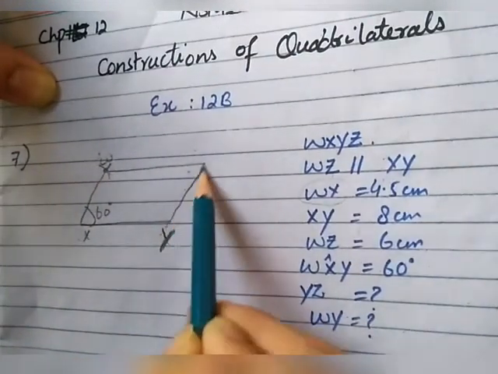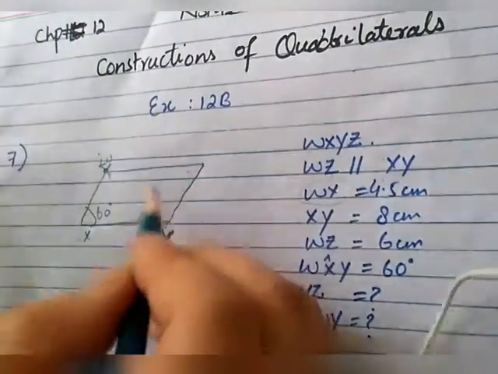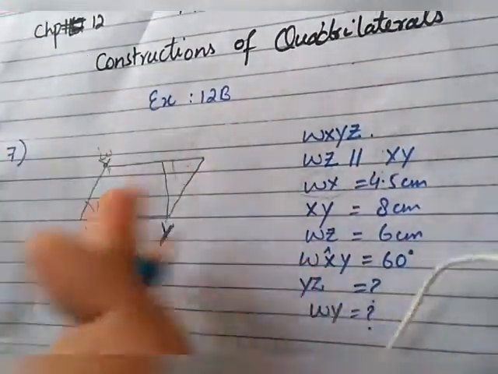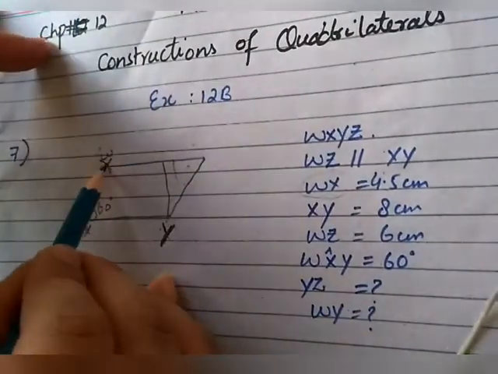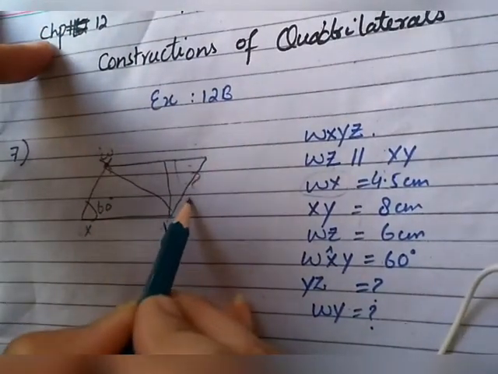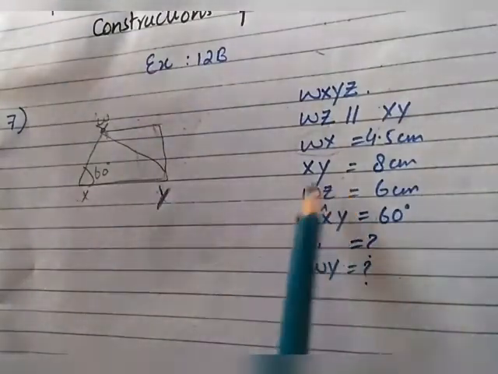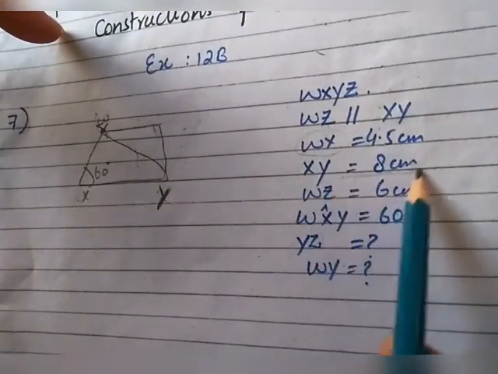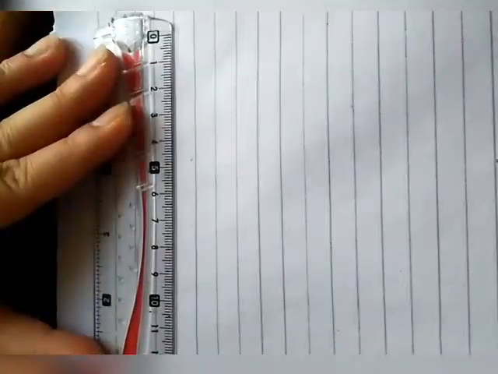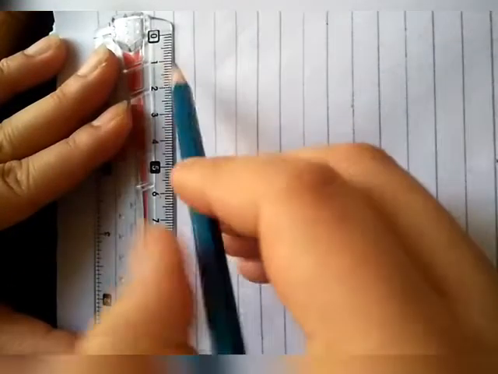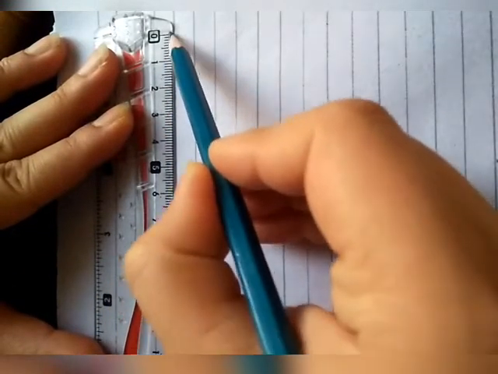Then combine the points, and here is the look of our trapezium. Then we find out this diagonal as well as this length. So first of all, we draw the length XY of 8 centimeters. Draw a line of length 8 centimeters.